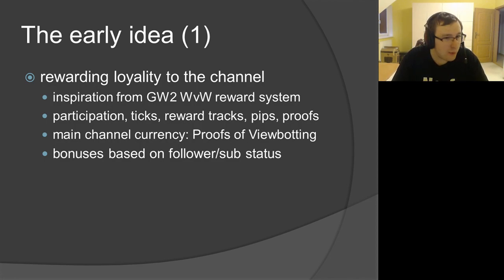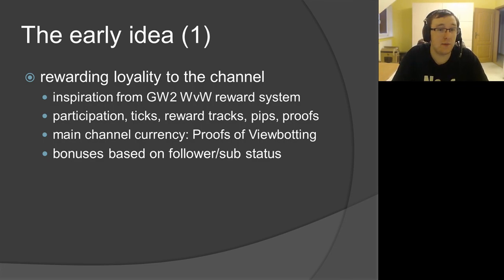You needed a certain amount of points to finish your reward track. As soon as you finished your reward track, you got proofs of voting, which was the main channel currency. And then there was a stream reward track, which was combined of all ticks together, which essentially is still here, which I think was a nice idea in the end, so I kept it.